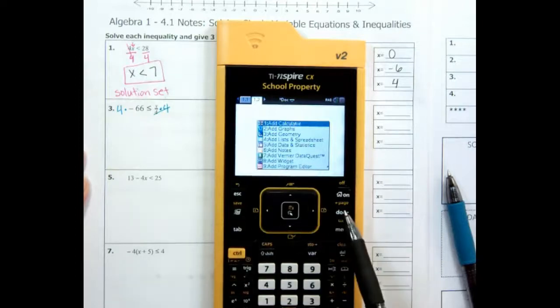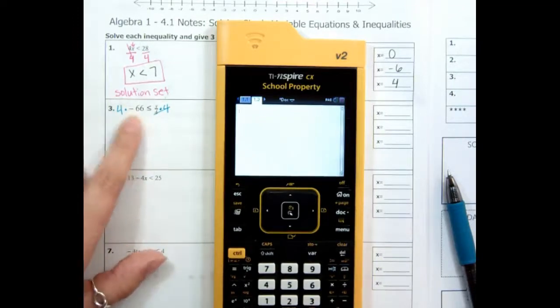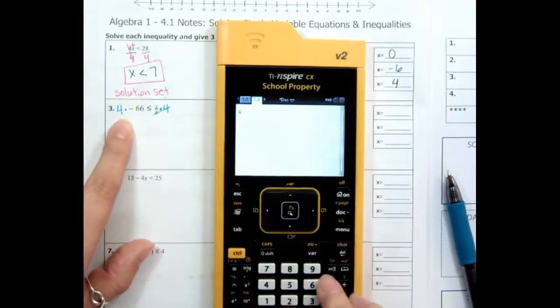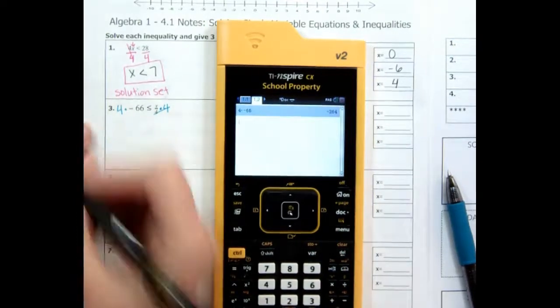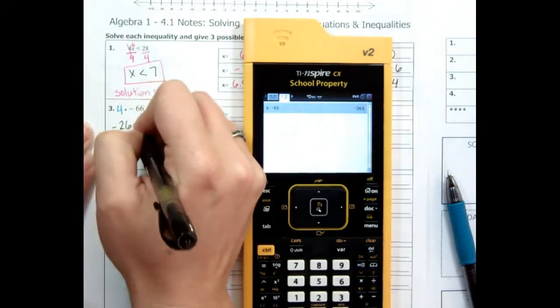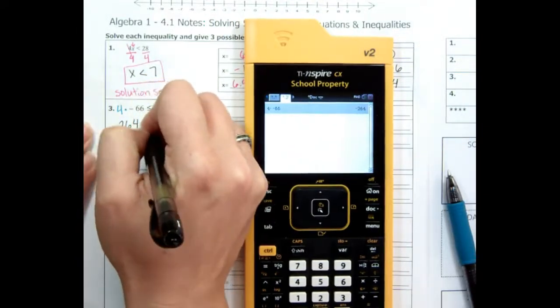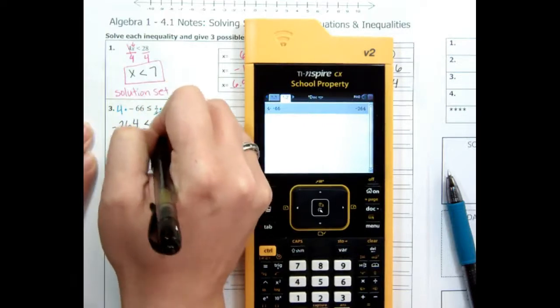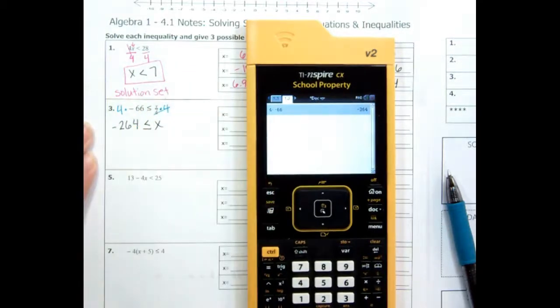I did Control Doc because it says plus page right there, and so I want to add a calculator page. So I'm going to do 4 times negative 66. So I get negative 264 is less than or equal to x.